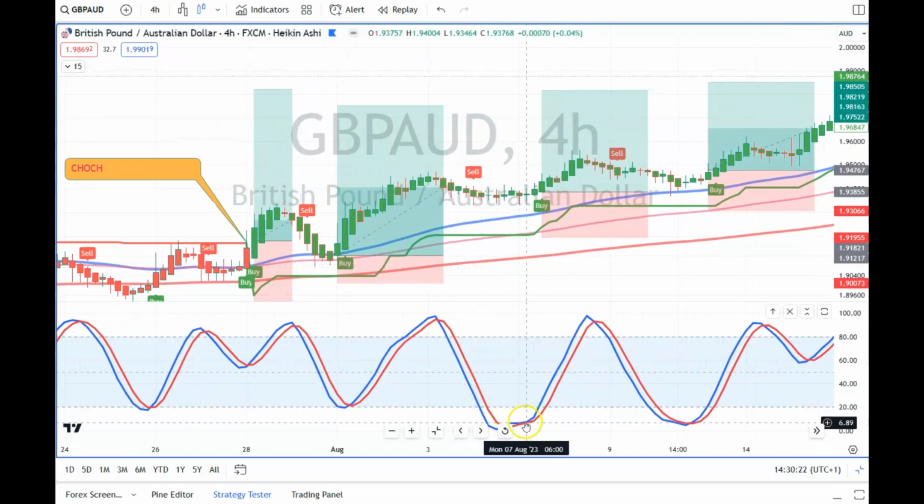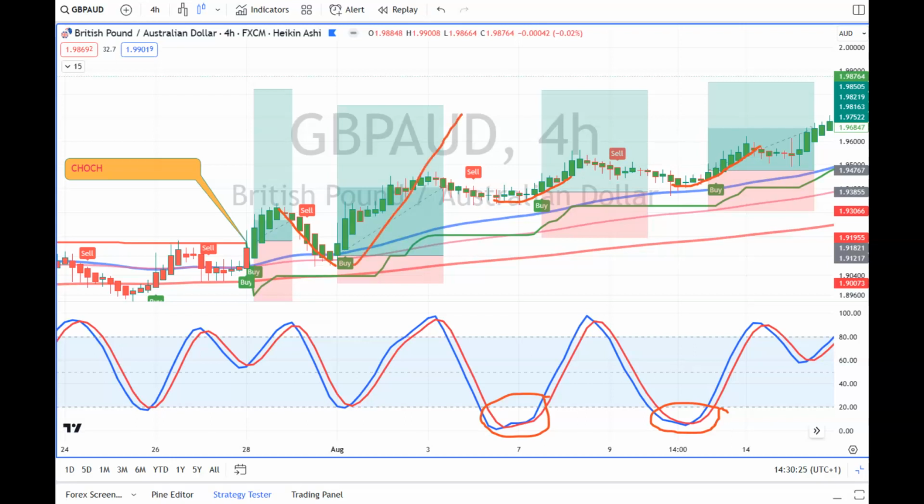Here, so notice the stochastic here is oversold, but into an uptrend. Not quite oversold, so that's not a swing trader's dream, maybe, but nonetheless a good correction into retesting the 50-day moving average before moving up.